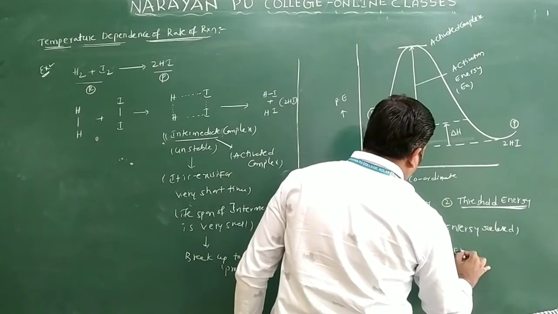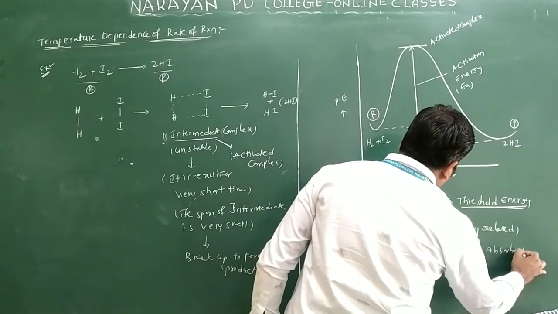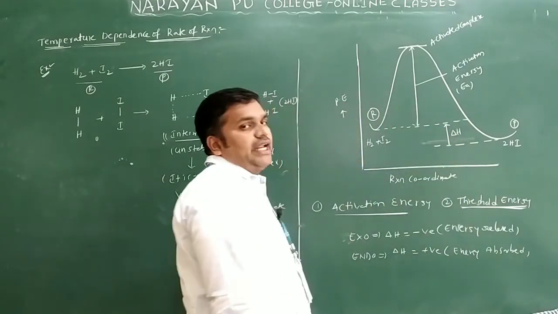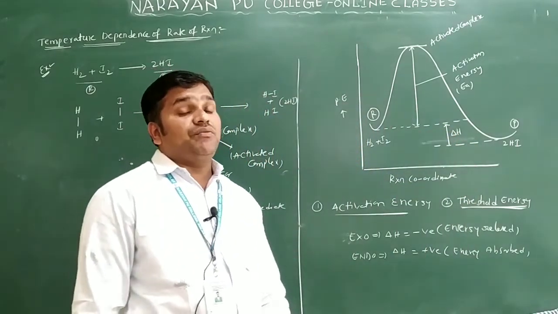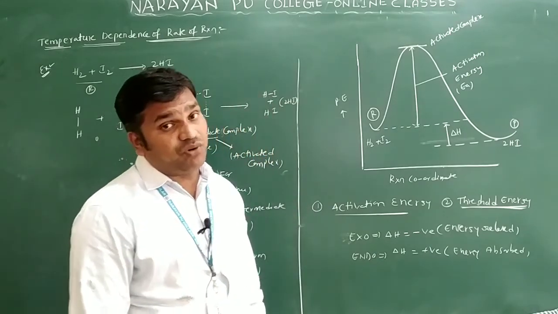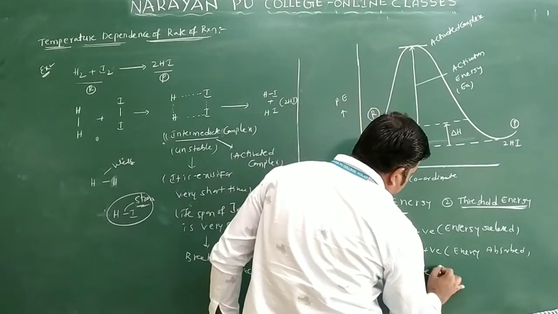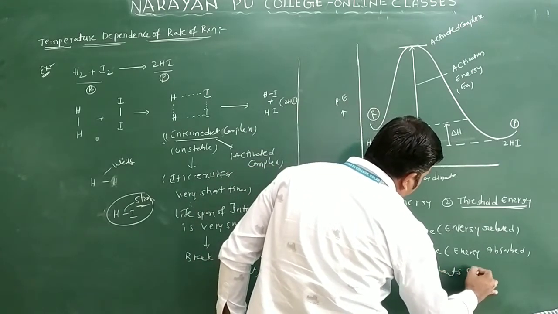Positive means energy is absorbed during the reaction. So delta H may be positive or negative depending upon the nature of the reaction. Delta H mainly depends on the nature of the reactants and products.